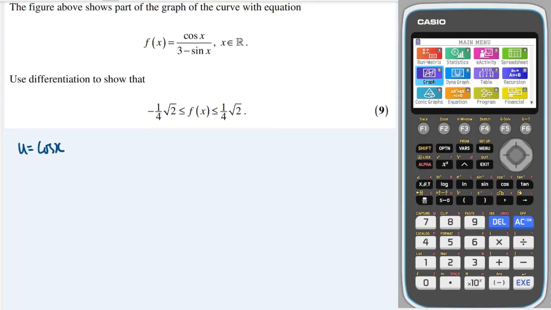So we get the u is equal to cos x, and the v is equal to 3 minus sine x. Differentiate these. The derivative of cos is minus sine, and the derivative of minus sine is minus cos.